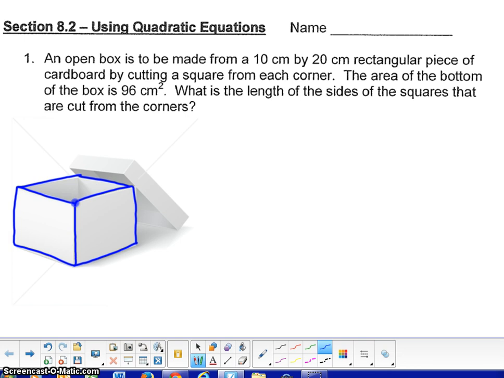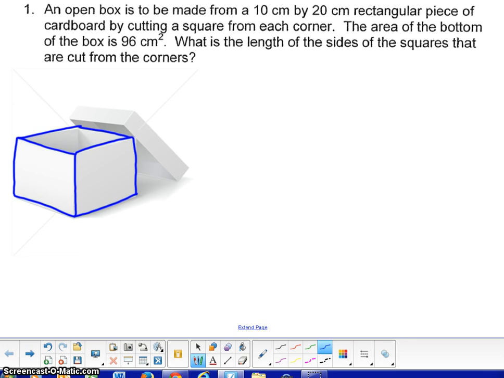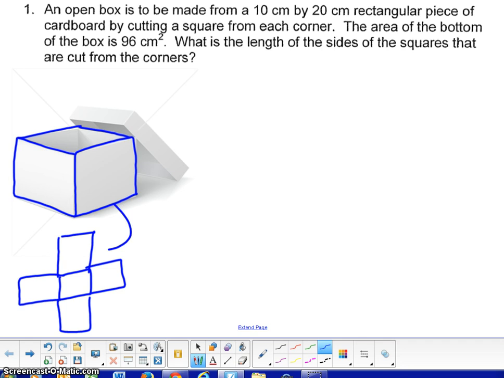If you would take this open box and lay it out flat, you would have a base, and then the sides would come out like this. I know that is a horrible drawing, but I think you get the idea. If you take each one of those flaps and fold them up, it creates an open box.